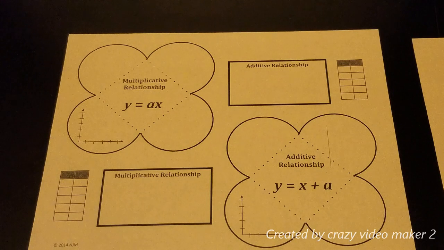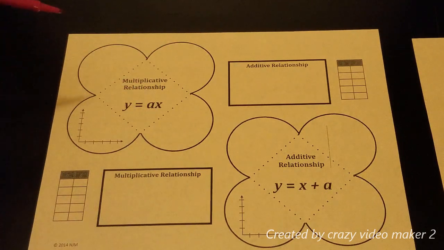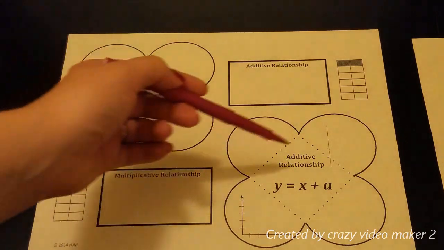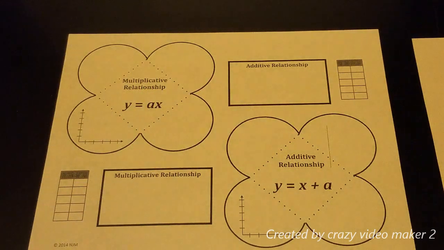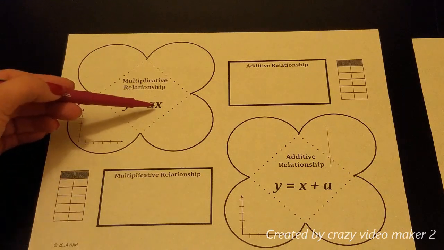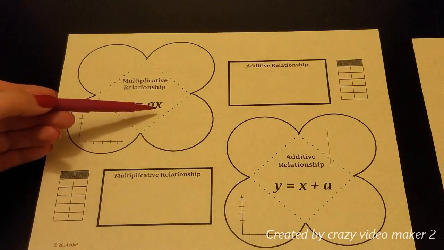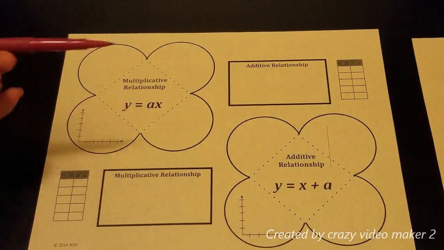Okay, so today we're going to be learning about multiplicative or additive relationships. As you can see here, we have our little clover leaf or flower for multiplicative, and then we have one for additive. A multiplicative relationship, basically, you are taking x, which is just a number, and you're multiplying it by another number every time.